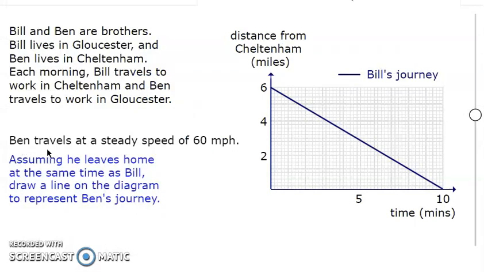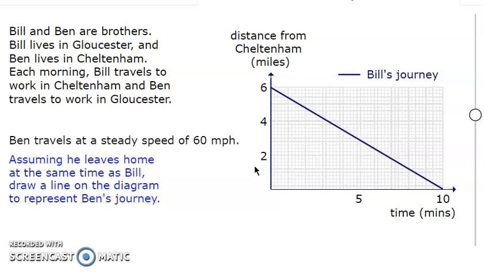So we found Ben travels at a speed of 60 miles per hour. Assuming he leaves home at the same time as Bill, draw a line on the diagram to represent Ben's journey.